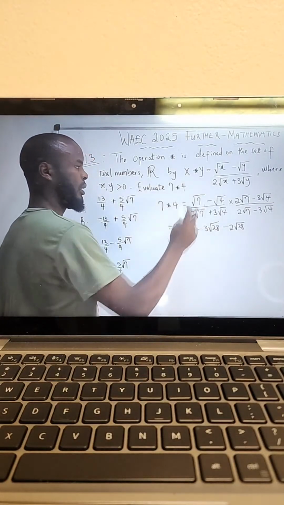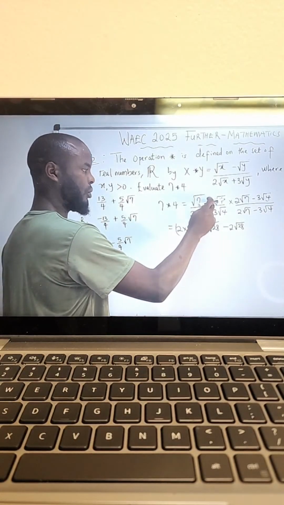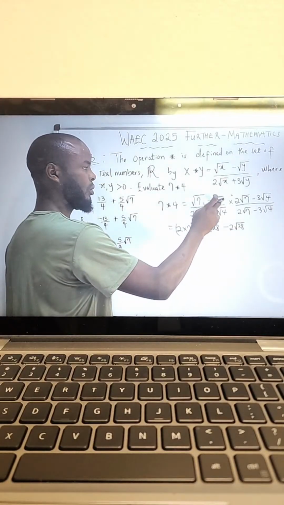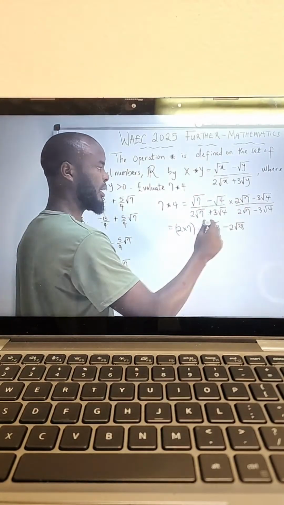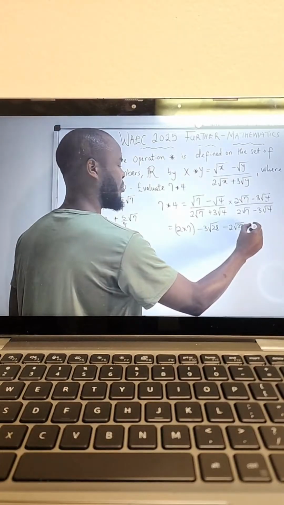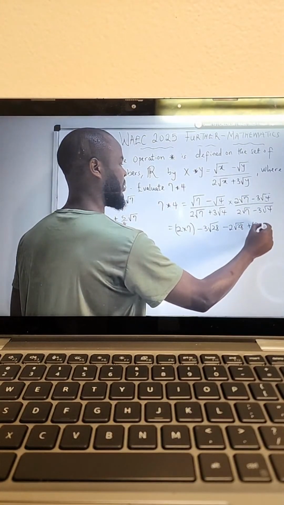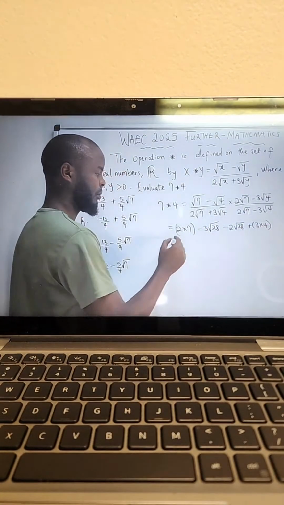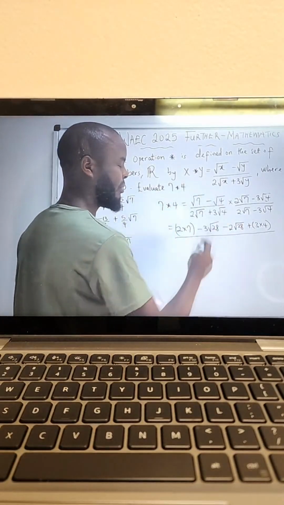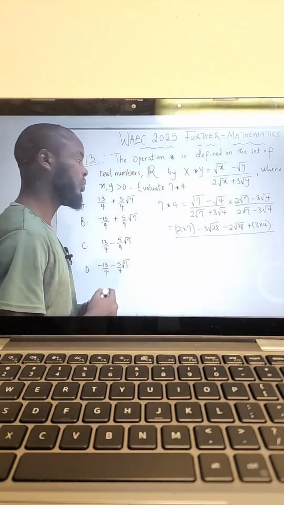Okay? And from here, too, here we have negative root 4 multiplying negative 3 root 4. You have plus 3 times 4. Alternatively, you can simplify root 4 as 2, then you continue doing this.